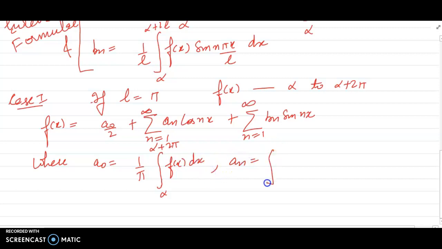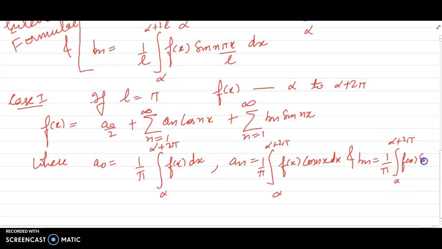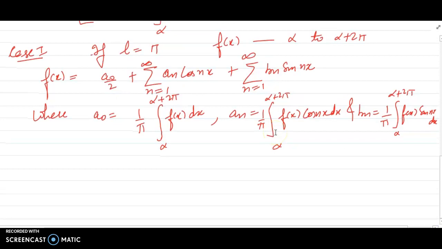An is 1 by pi alpha to alpha plus 2 pi f of x cos of nx dx, and bn is 1 by pi alpha to alpha plus 2 pi f of x sine of nx dx. Once we get the values of a0, an and bn, we substitute them. That gives the Fourier series for the function f of x within the interval alpha to alpha plus 2 pi.